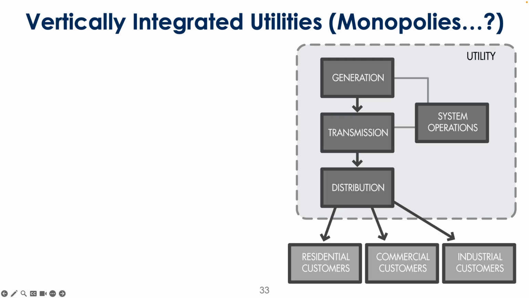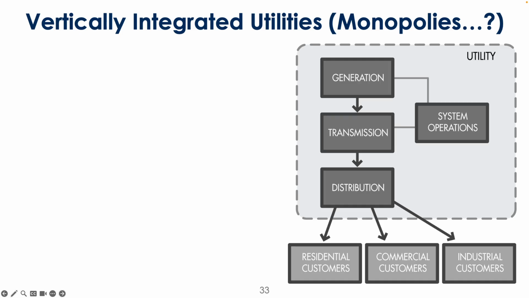Let's talk about vertically integrated utilities. So we've covered, right, all of that physical infrastructure over the last couple of weeks. So you have generators, you have transmission lines, you have distribution systems. And there is a question, so who owns all of that stuff?